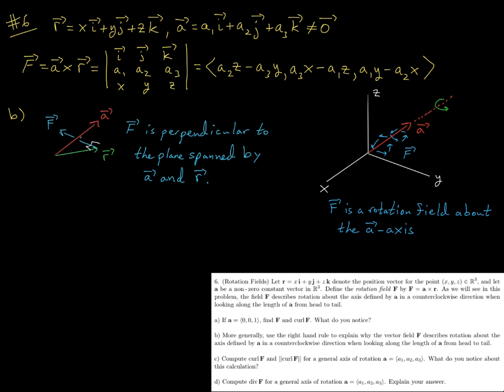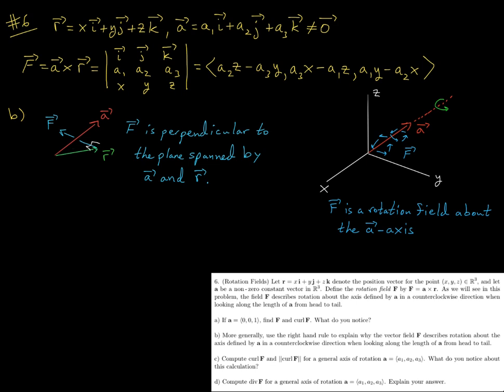Imagine placing the base of your right hand along the vector A, then you curl towards R, and look at the direction of your thumb. It would help if I could have my thumb here in the image to make this more vivid. But in this case, the way I've positioned the vectors, F is going to point in this direction. The cross product vector F is perpendicular to both A and R, so another way to say that is that F is perpendicular to the plane spanned by A and R.